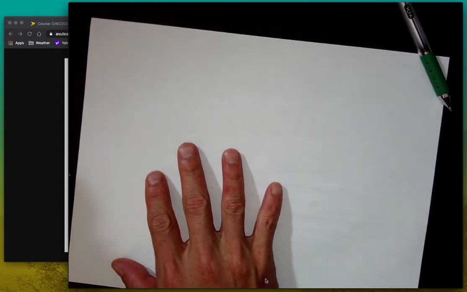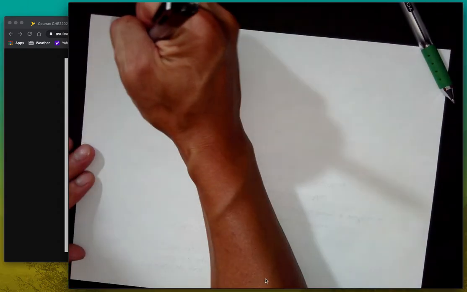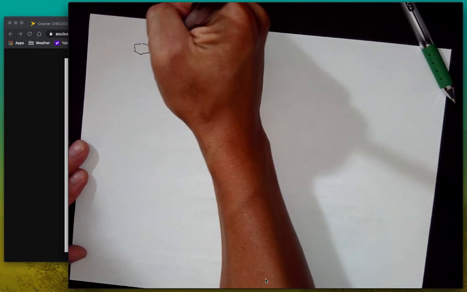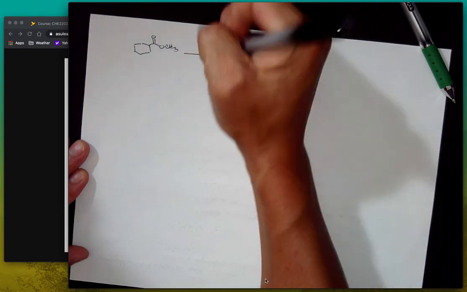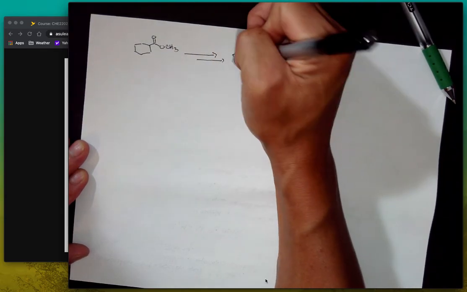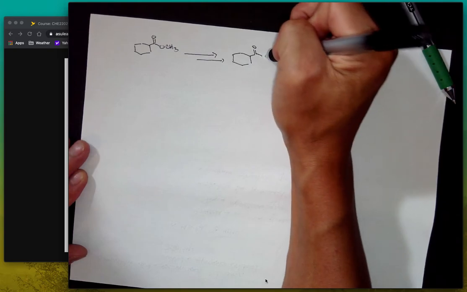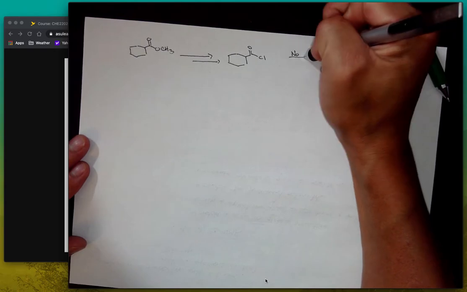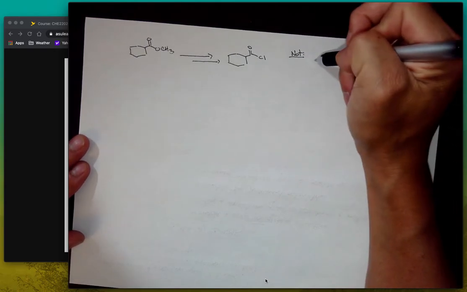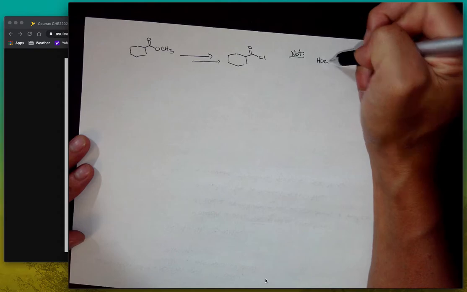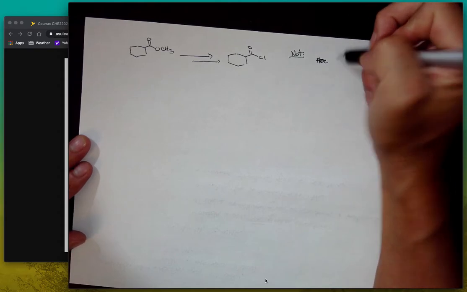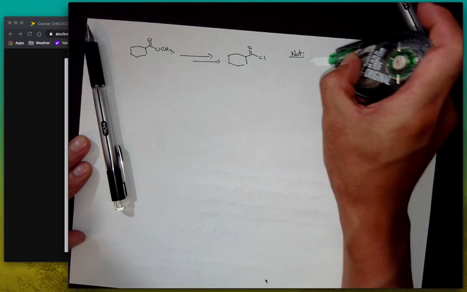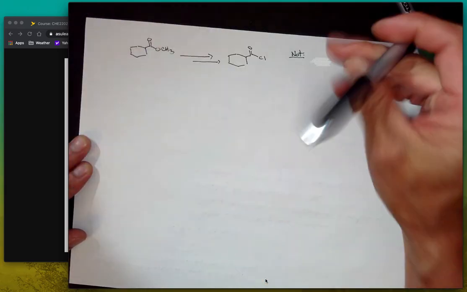Let's take this idea one step further. If you wanted to start with an ester and react it to make an acid chloride, you could not simply add chlorine to that solution because the chlorine is not a strong enough nucleophile to displace that OCH3.